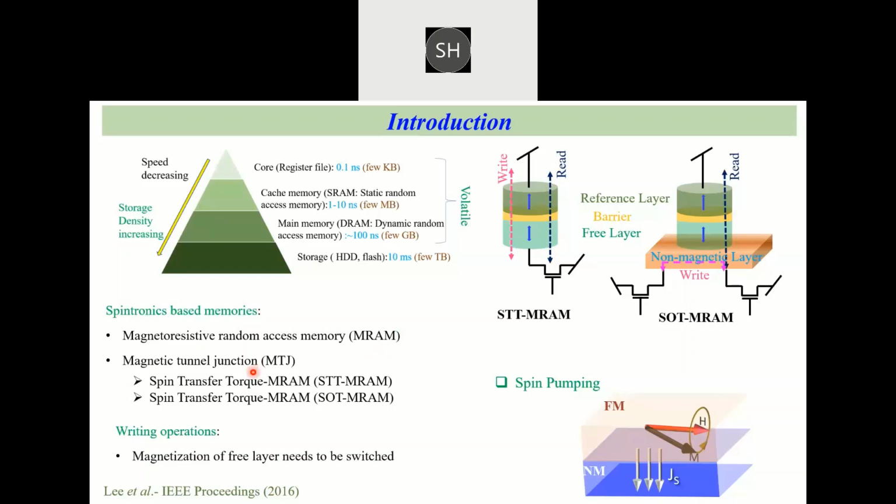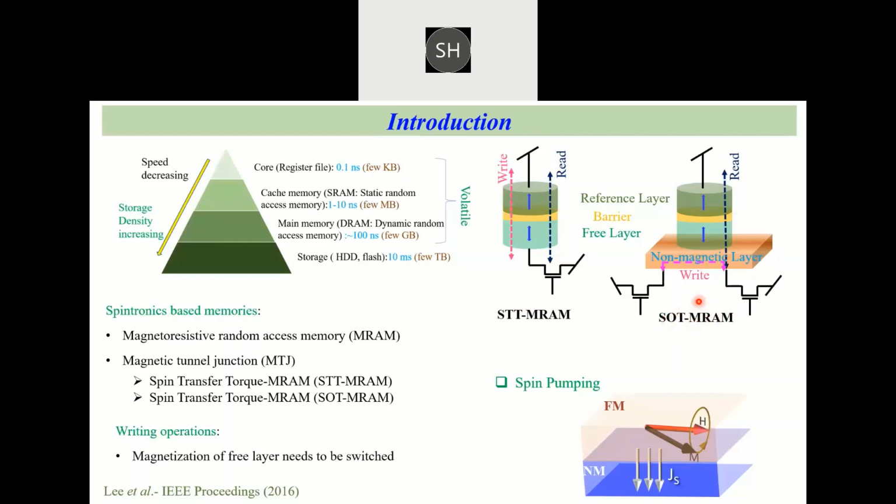As also mentioned by Professor Mishra, there are several promising spintronic memories, such as spin transfer torque based memory, or STT-MRAM, and SOT-MRAM. There are some issues in STT-MRAM like low endurance, and there is a possibility of time-dependent MTJ breakdown. Hence, a promising memory is SOT-based MRAM.